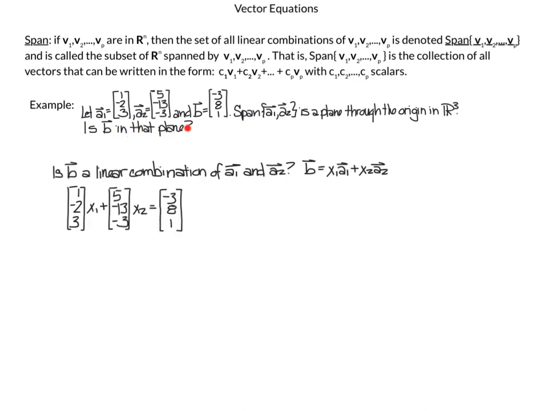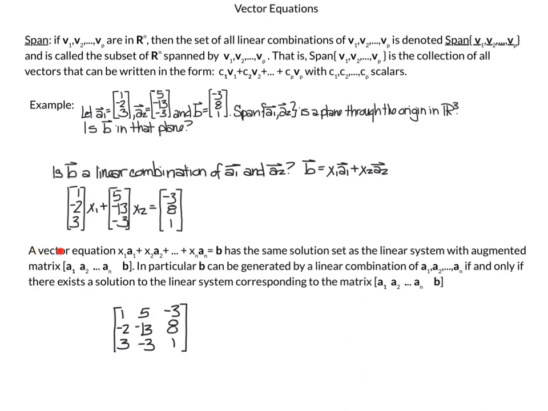Asking if b is in the plane spanned by a1 and a2 is the same thing as asking is b in the span, or is b a linear combination of a1 and a2? In other words, can we rewrite b as b equals x1 a1 plus x2 a2, where x1 and x2 are scalar coefficients? And I rewrote this again as x1 times our vector a1, which is 1, negative 2, 3, and x2 times our second vector, 5, negative 13, negative 3, equals b, negative 3, 8, and 1.